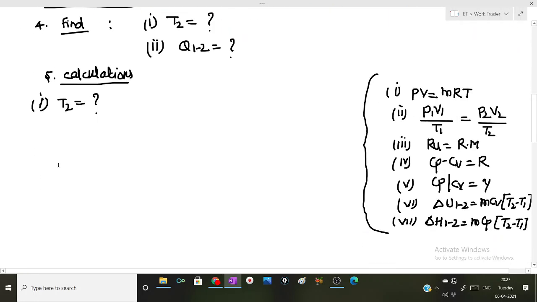So from the given values of P, V, T, and from the list of formulae, in order to calculate T2, I can apply formula number 2, that is the general gas equation.